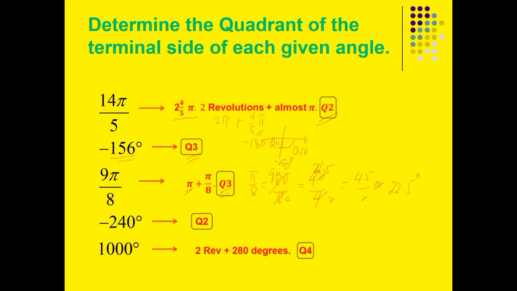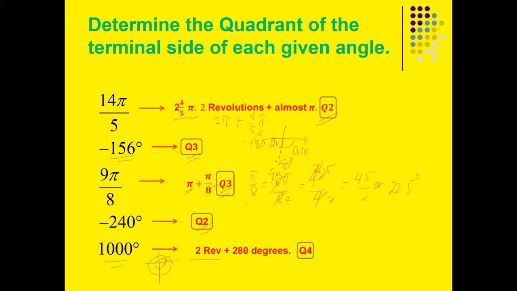But negative 240 falls under quadrant 2, because it is between negative 180 and negative 270. Then this 1000 degrees: 360 for one revolution, another 360 for another revolution.